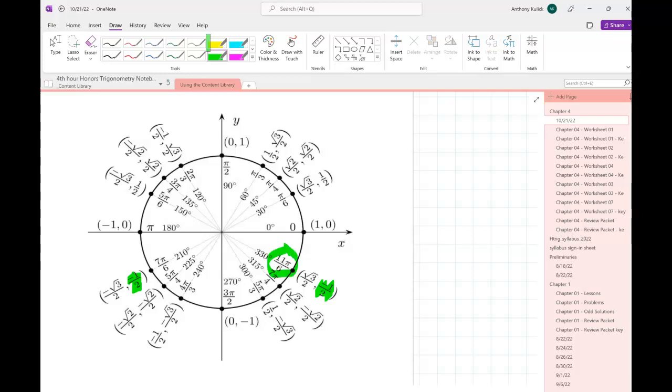This one does, right? So that's the piece that we want. However, that's not right. Why is that not right?